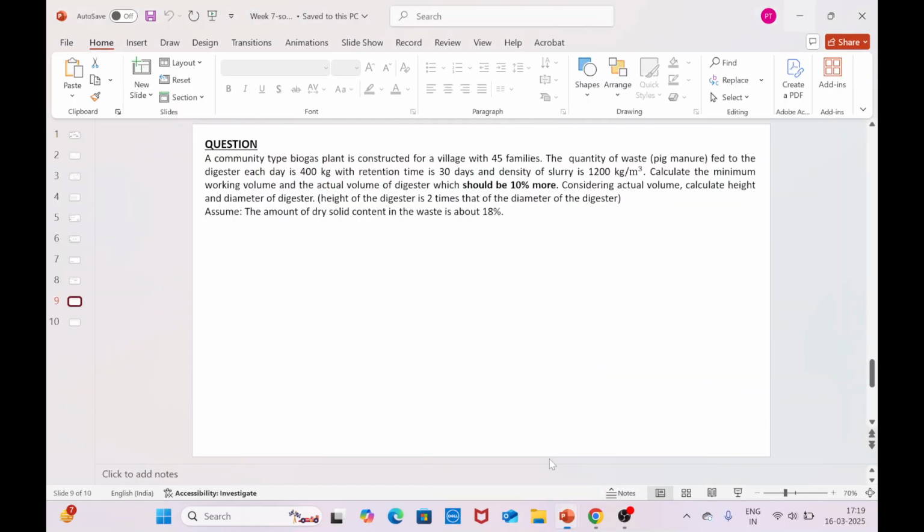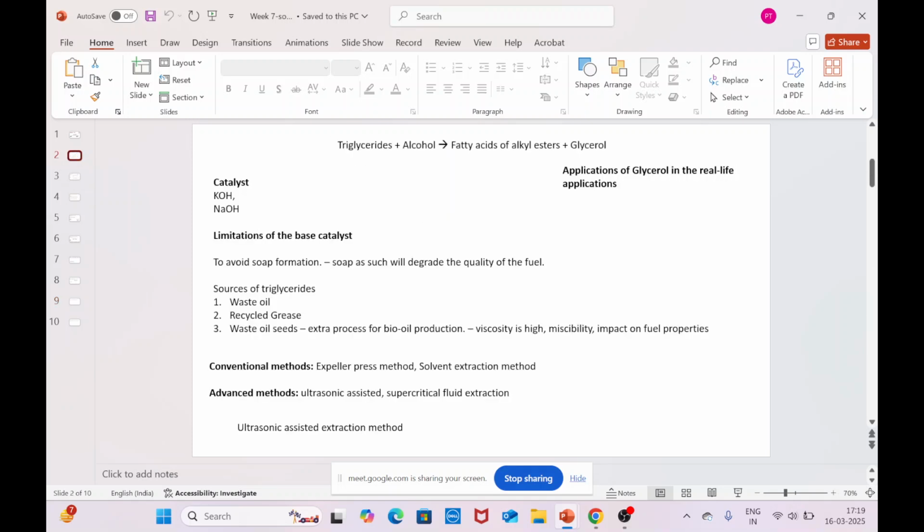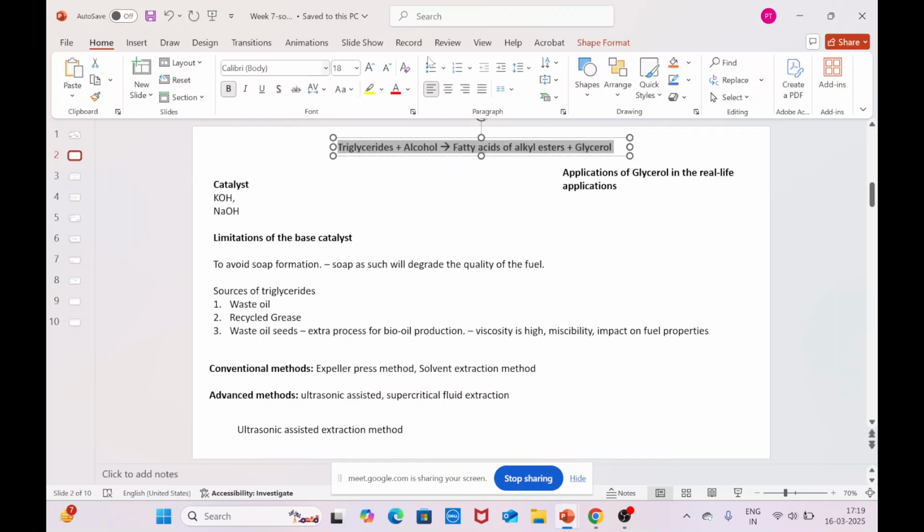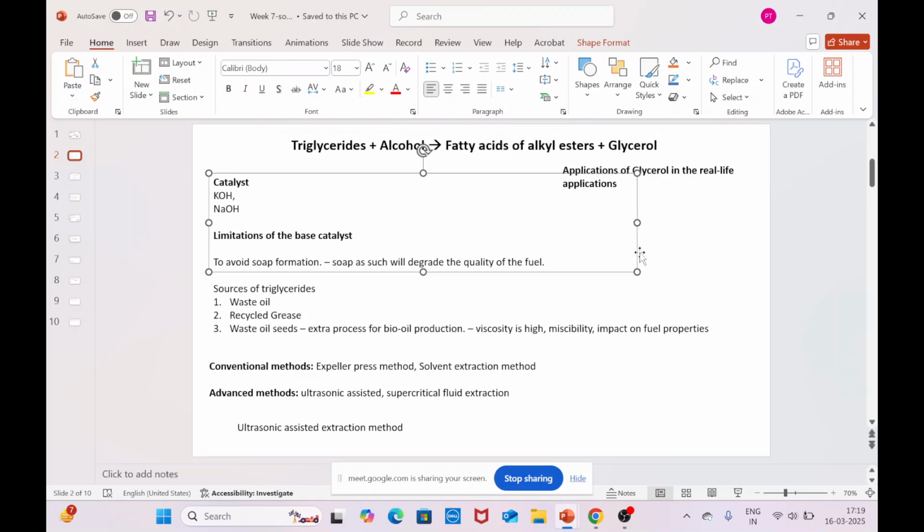Let me just show that. So triglycerides will react with alcohol to form fatty acid alkyl esters plus glycerol. This was the fundamental. We then discussed the catalysts used in the process, the sources of the triglycerides, their methods, and all other things.